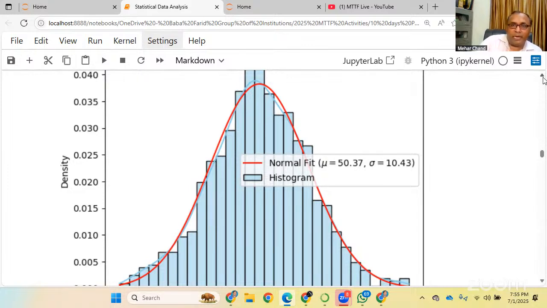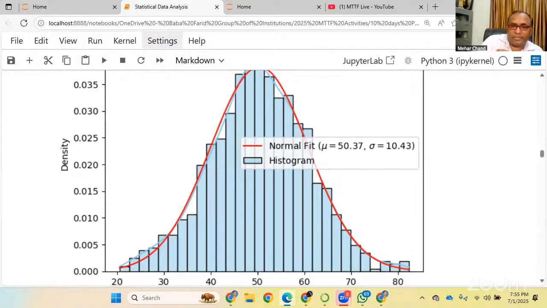This histogram also helps us to know about the data distribution. And also we have the normal fit. You can see this is the normal curve. This normal curve is fitted here for the data set which we generated. Whatever data set we have, we can calculate the normal distribution, how the data is distributed.